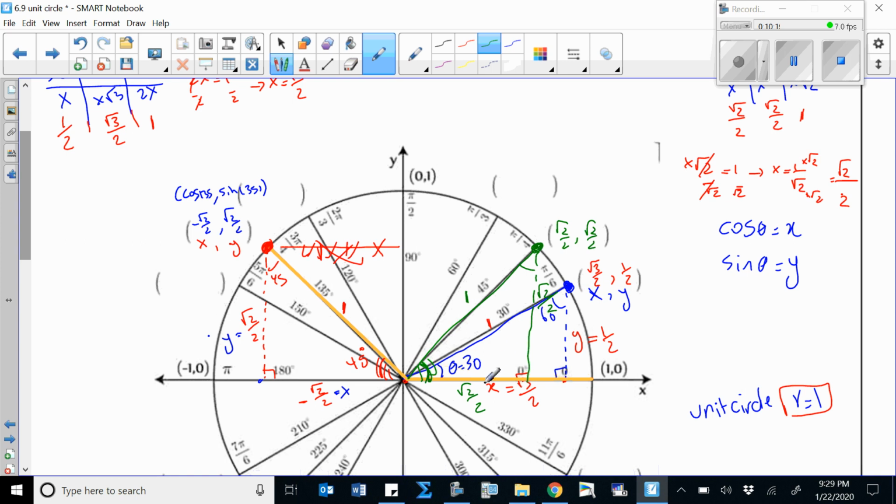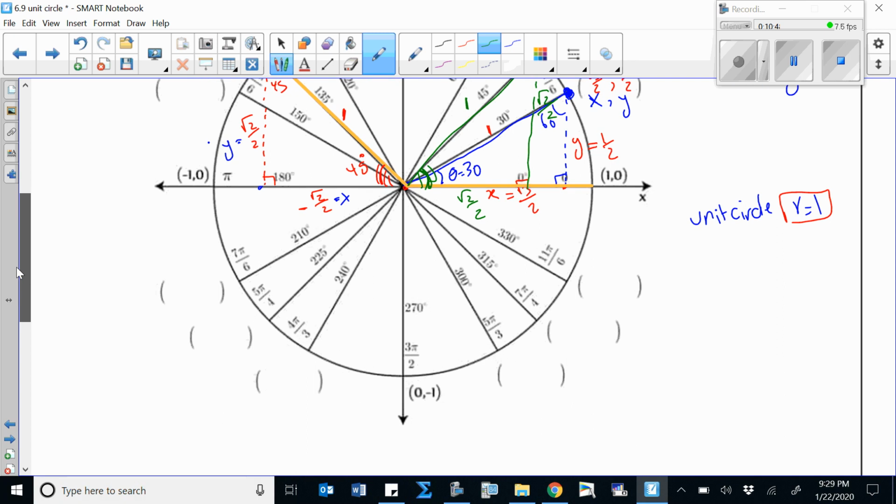As you see, both of the values are positive. This is cosine of 45 and sine of 45. But this one is basically cosine of 135 and sine of 135. That's why we have a negative here. This is the difference between cosine of 135 and cosine of 45. We just used the reference angle to find this value, but we needed to consider the signs as well.